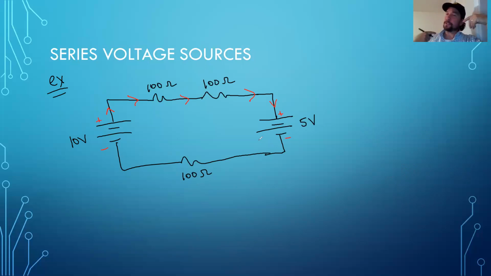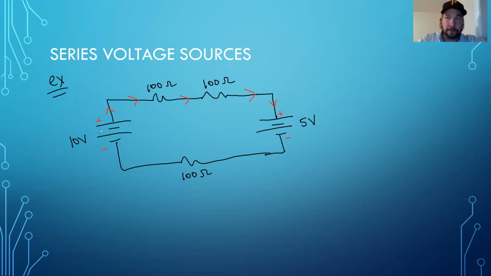So it's opposite to the 10 volt source, because really, if sources are going to add up, I'm always going to see the minus, go through it, gain the energy, and come out the plus on power supplies, on voltage sources, on batteries, okay? But here it's the opposite. So this is actually counteracting the voltage of this one.